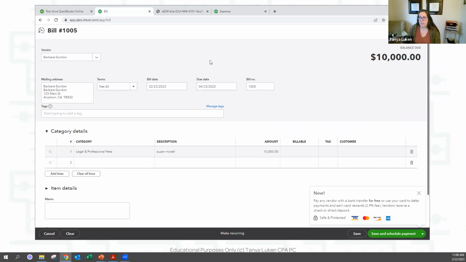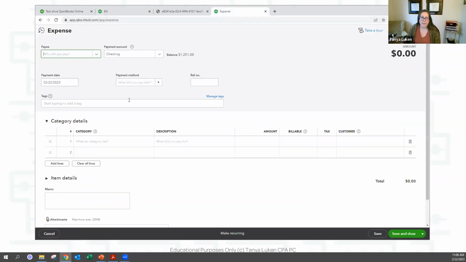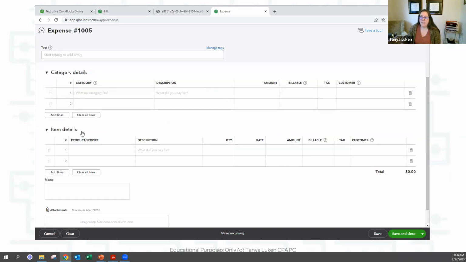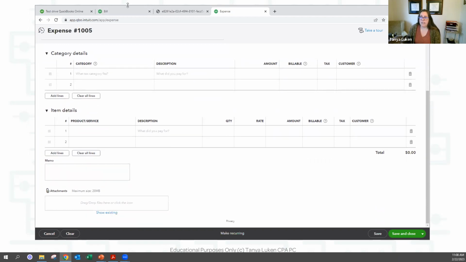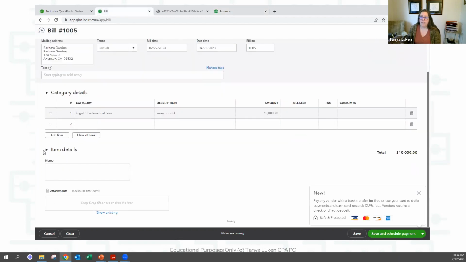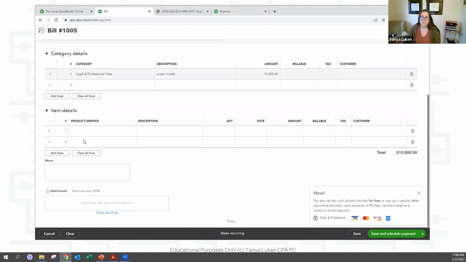Terms, bill date, due date, none of that is here. But if I paid Barbara Gordon when I'm recording it, I could put in her 1005 there. The other parts, category details, item details, memo, attachments, those are all the same here. So it's all the same outside of a little bit of boxes at the top, okay?